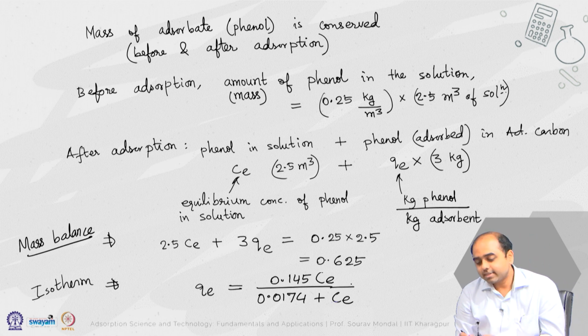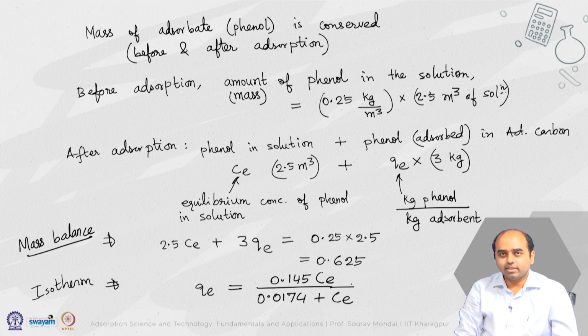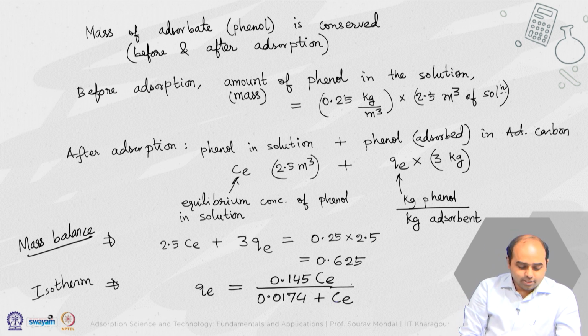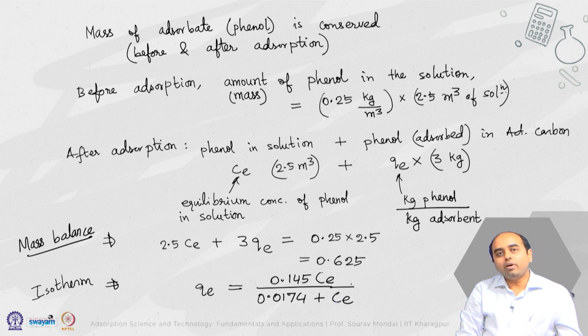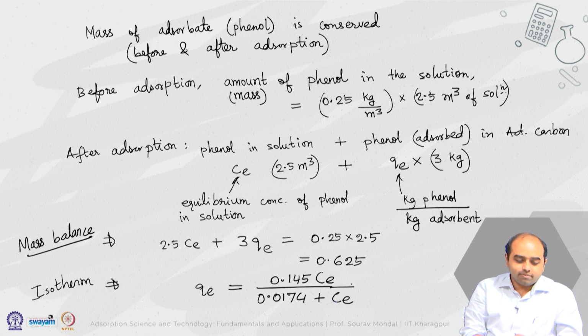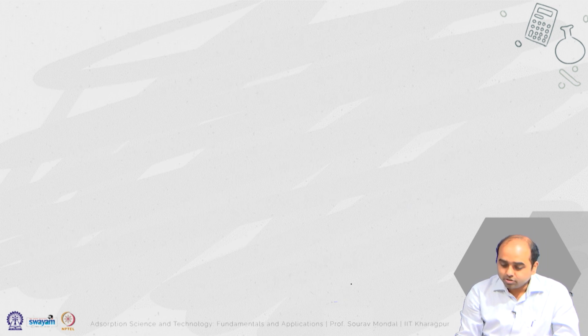So, there are two algebraic equations and two unknowns, Ce and Qe. Solving these is very simple: you just substitute the value of Ce or Qe in the second equation, and you can find the values.